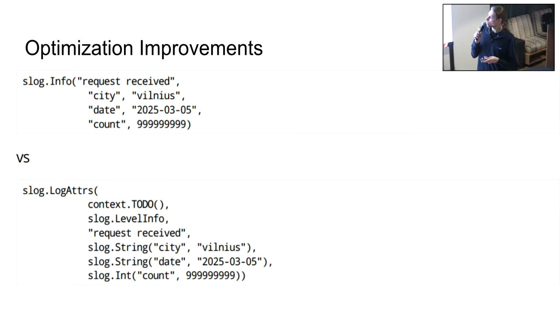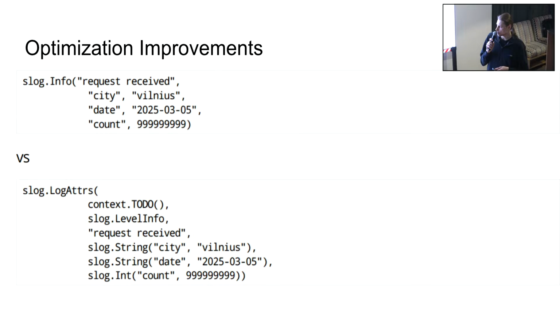Okay, we are ending this. So last thing before I end, optimizations. It's generally useful to use info log, but if you are at a stressful point when your CPU is used by logging, it is possible to use an alternative, LogAttrs, which basically does the same, but instead of arguments of any, accepts slog attributes.